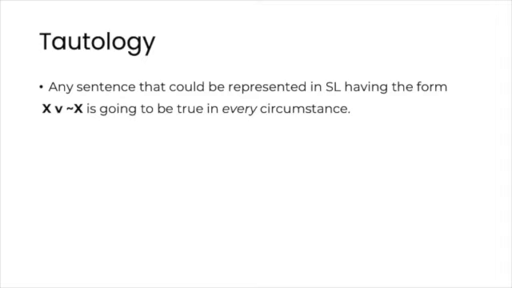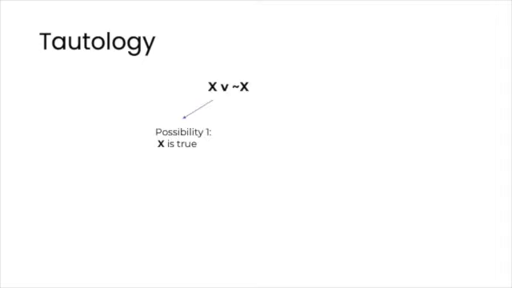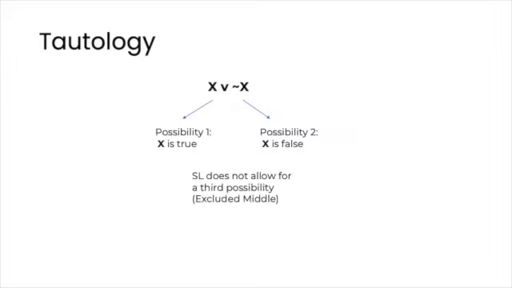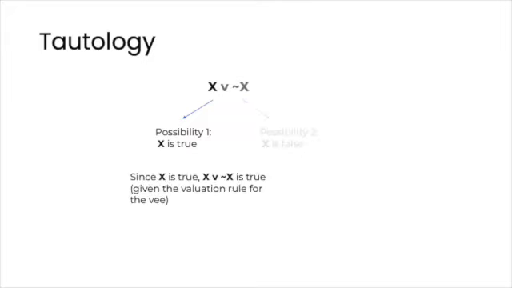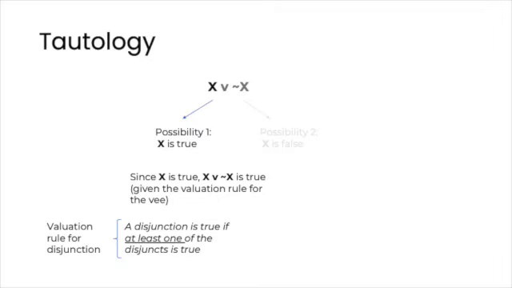Given the assumptions built into SL, there are only two possibilities. Possibility 1, X is true. Possibility 2, X is false. There is no third possibility. This is called the principle of the excluded middle. If the first possibility holds, and X is true, then the evaluation rule of the V guarantees that X or not X is true.